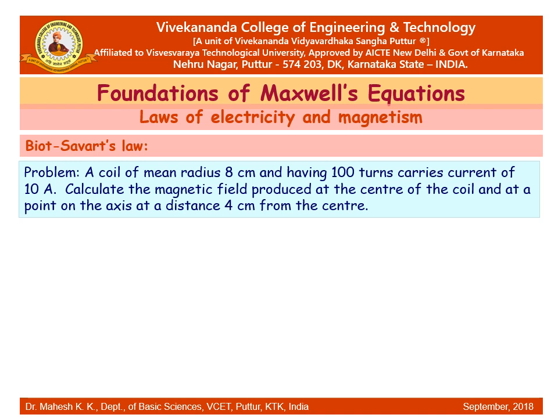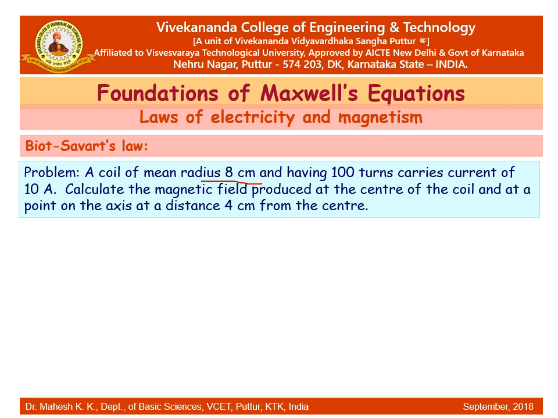To have a feel of the Biot-Savart's law, let us work out one problem. It's interesting. I'll read the problem. A coil of mean radius 8 cm having 100 turns carries a current of 10 amps. Calculate the magnetic field produced at the center of the coil and at a point on the axis at a distance 4 cm from the center.